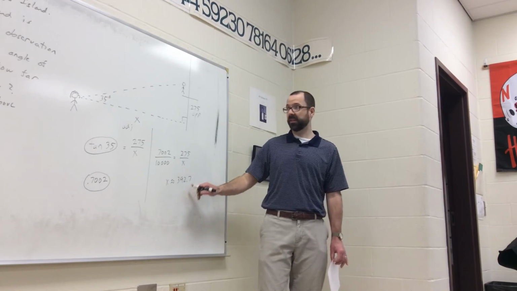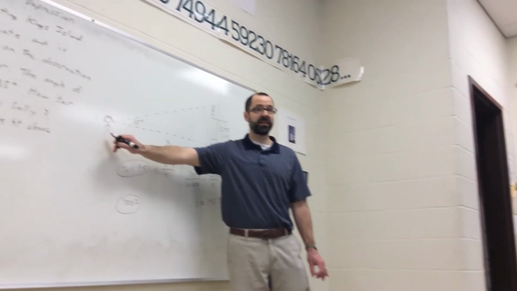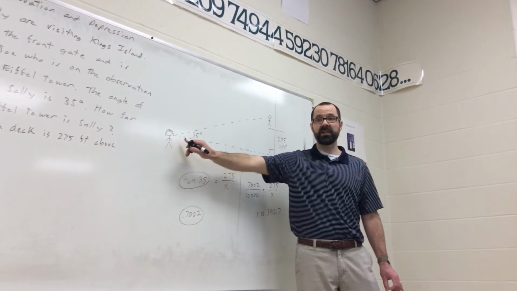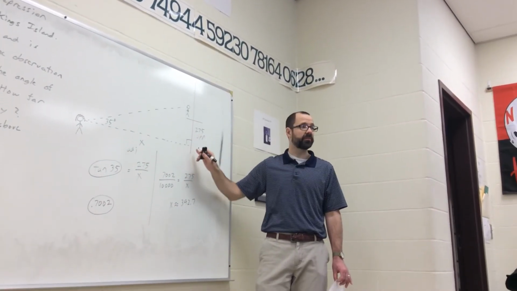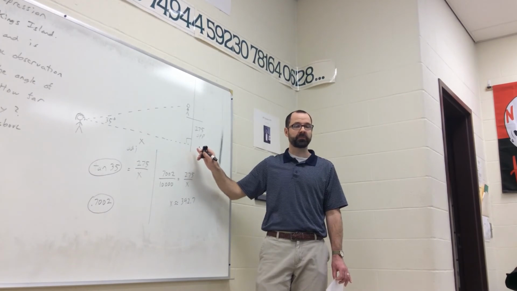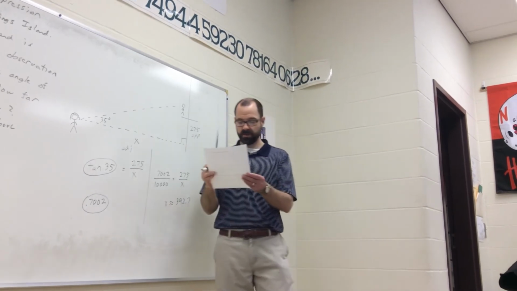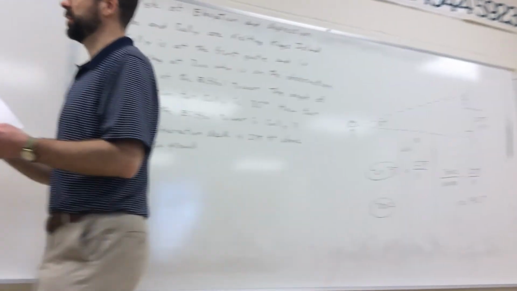So that means that the front gate, where Sally is, is 392 feet from the bottom of the Eiffel Tower. All right. Next one I'd like to look at is number 10.